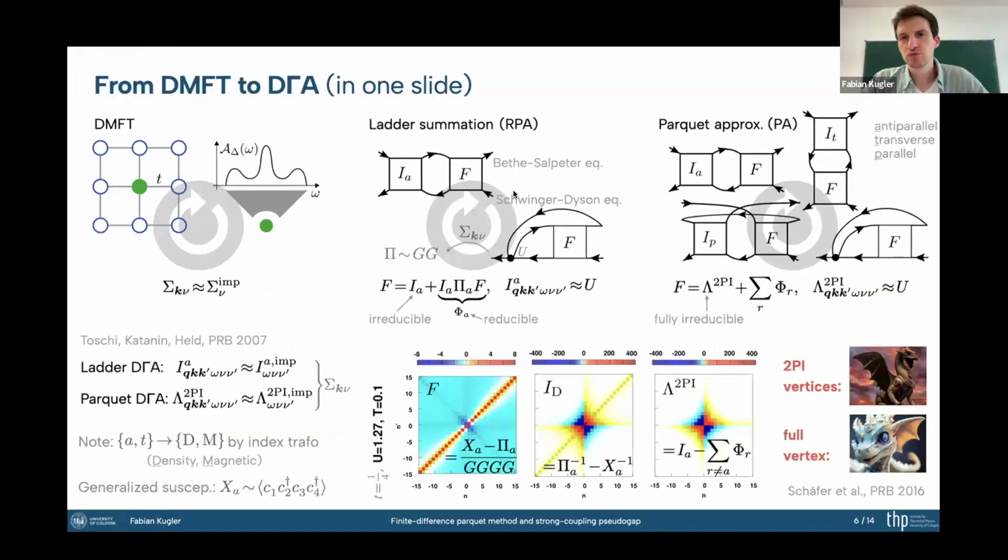I realize that U appears here, but the equation is what it is, right? It's an exact equation that holds for arbitrarily large U. The fact that the bare U appears in the equation doesn't make it perturbative. It is an exact relation.